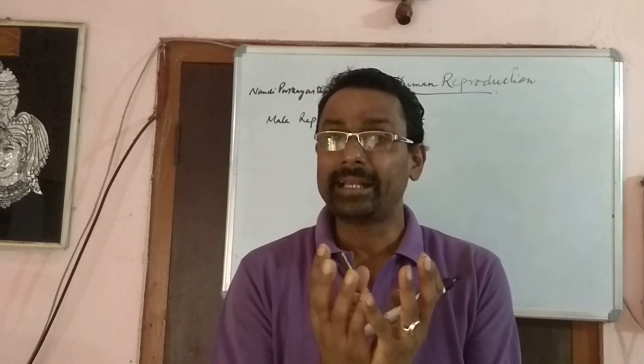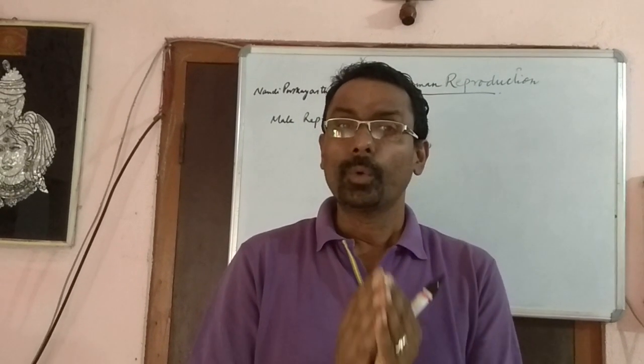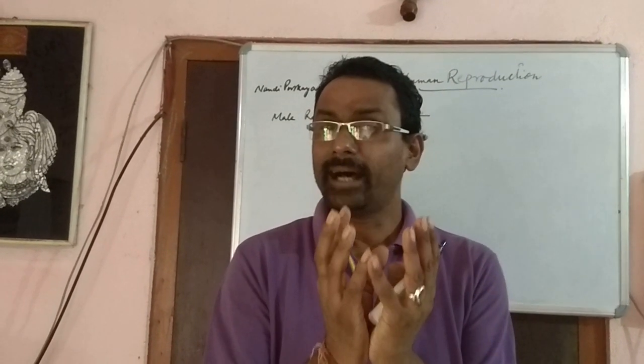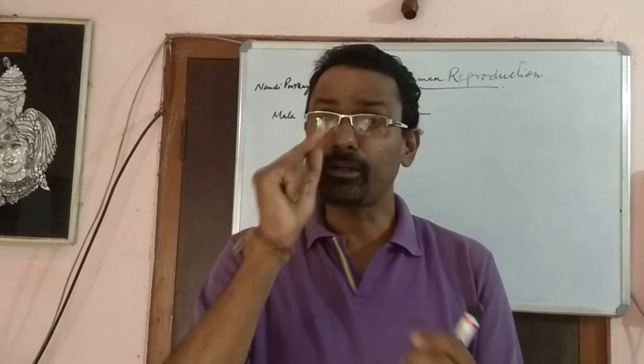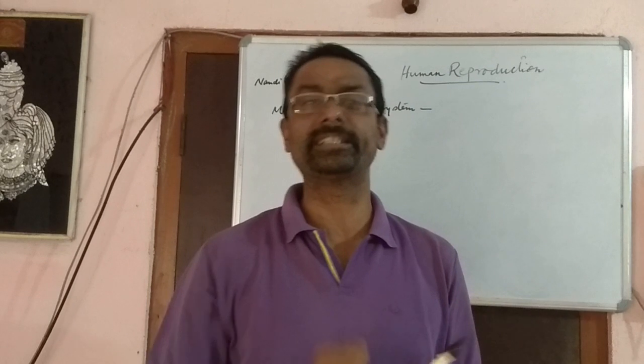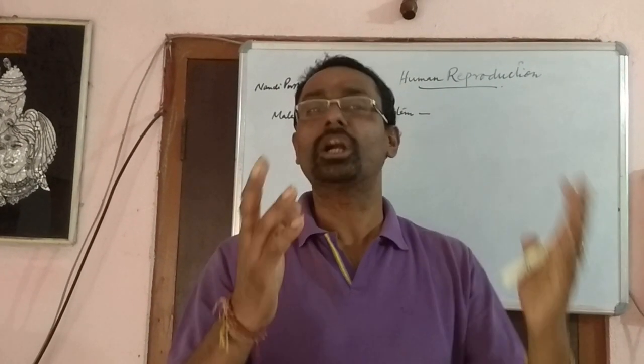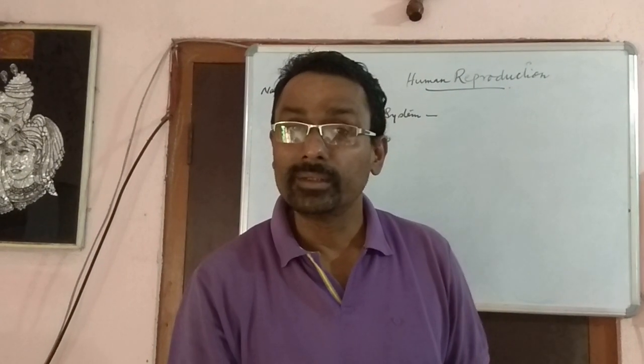Scrotum is a sac-like structure which protects the testes, and it also maintains the temperature at plus minus 2 degrees centigrade. What is that? When it is very hot, the scrotum descends or goes down. And when it is too cold and the temperature becomes very low, in that case what happens?